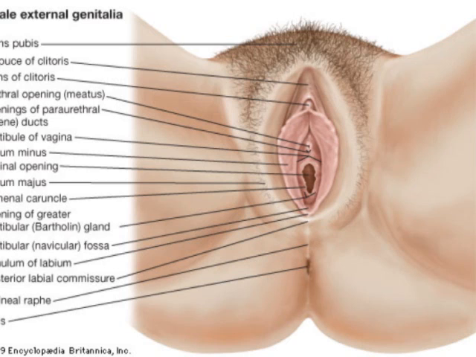Then there's the opening of the greater vestibular gland, followed by the vestibular fossa, the frenulum of the labium, and posterior labial commissure, and then the perineal raphe.